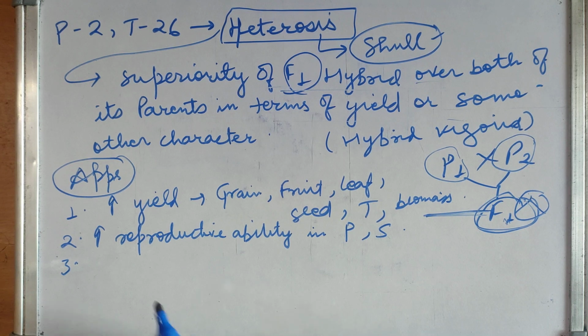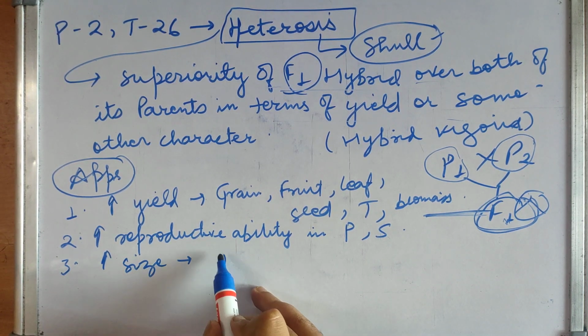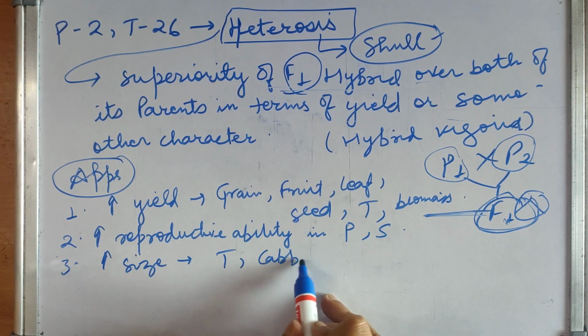Increased size can be seen in tomato and cabbage.